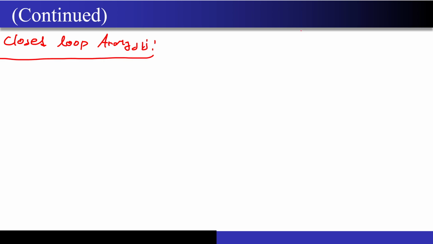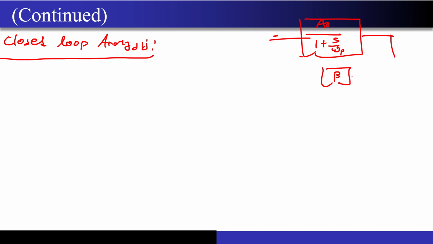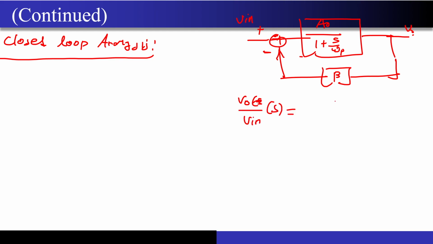Now a very quick refresher. If I have a system which I can represent with something like this, correct? And if I put it in the feedback factor beta, this is plus, this is minus, and now if I try to find the transfer function of this system, V out by V in of S, what will it be?